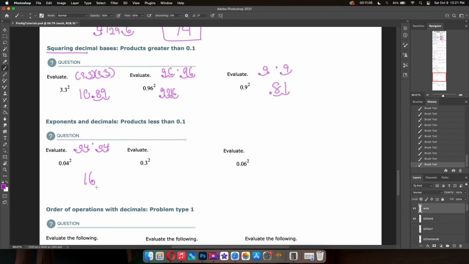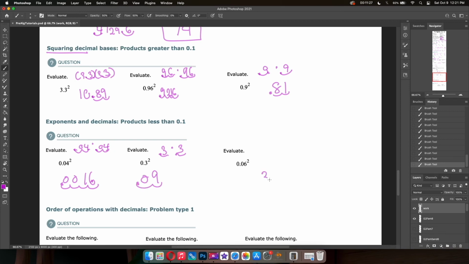So I'm going to move my decimal over 1, 2, 3, 4 spaces, like that. 0.0016. 3 times 3 is 9. And now because it's 0.3 times 0.3, there's 1, 2 spaces. So I need 1, 2 spaces, 0.09.